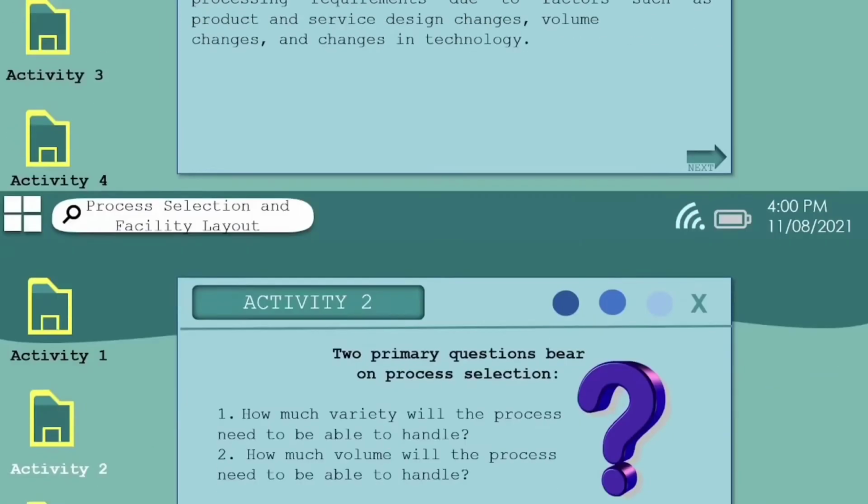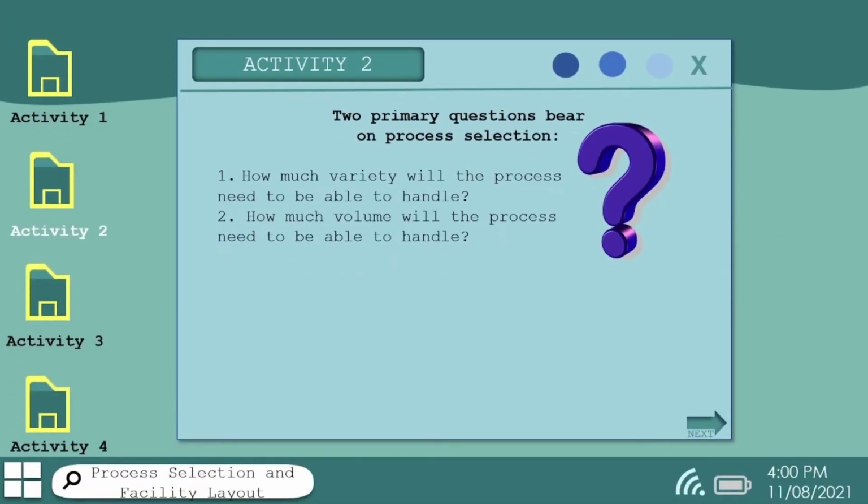And now we are going to discuss the two main factors that influence process selection. Process choice is demand driven, meaning the choice of what process to use in making goods and providing services is motivated or caused by economic demand.